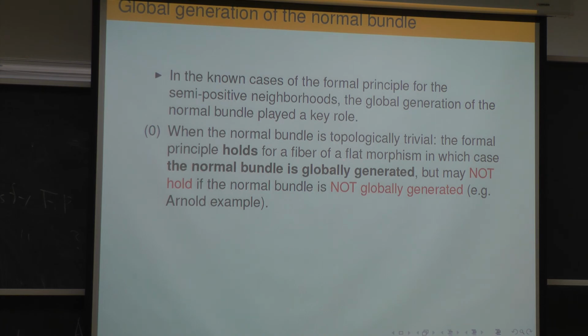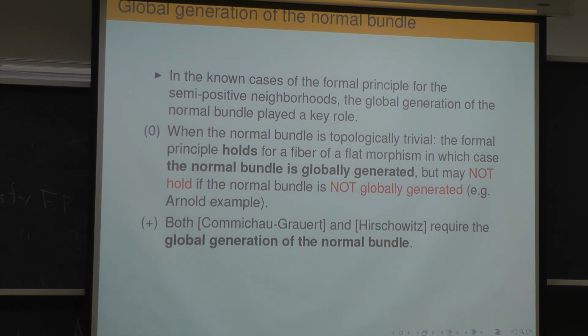This is the case of Hirschowitz. On the other hand, we know of Arnold's analytic example where the formal principle does not hold, and in this case, the normal bundle is not globally generated. So the distinction between Hirschowitz's result and Arnold's counterexample has to do with the global generation of the normal bundle.